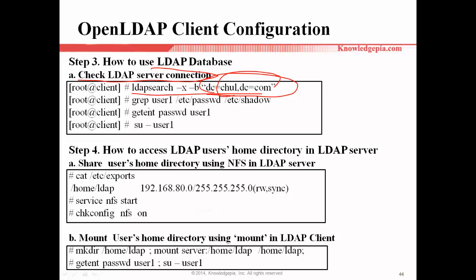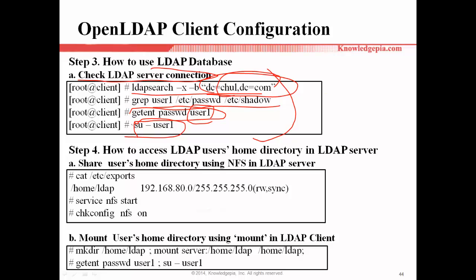And after that, for testing, we will use the username user1, /etc/passwd, and /etc/shadow, and the password as well. In the second video, I already created 3 users for testing: user1, user2, user3. So if the client is successful in connecting to the LDAP server, this command will be successful.